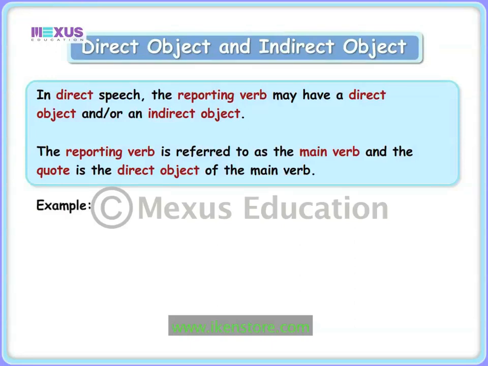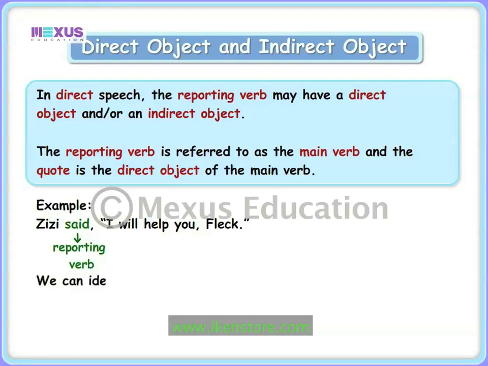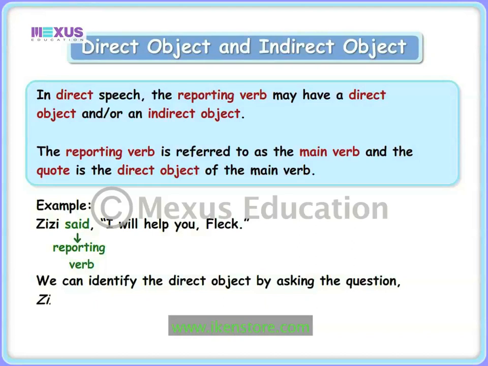Let's look at a previous example. Zizi said, I will help you, Fleck. In this example, the reporting verb said only has a direct object. We can identify the direct object by asking the question, Zizi said what?